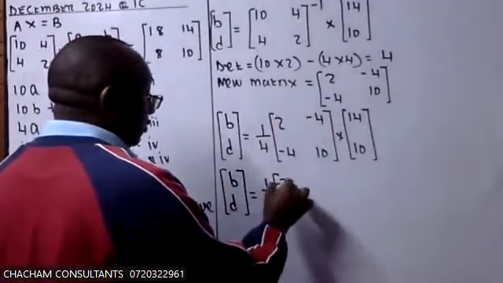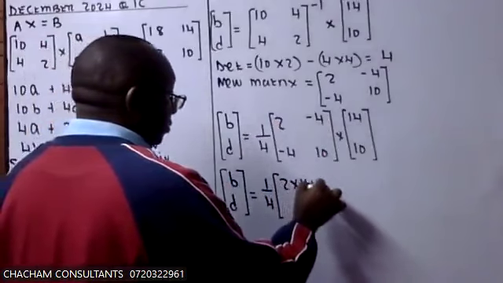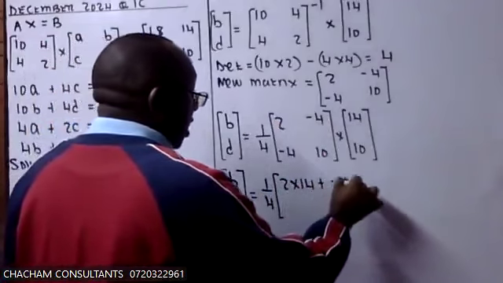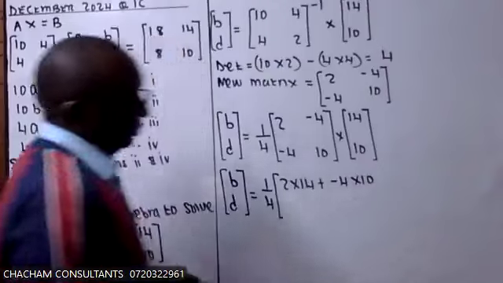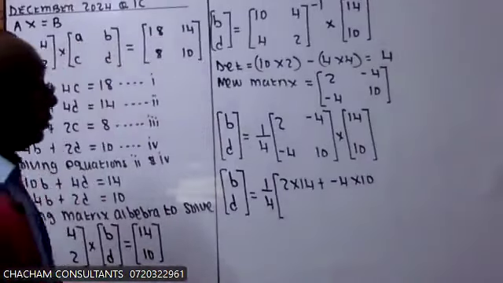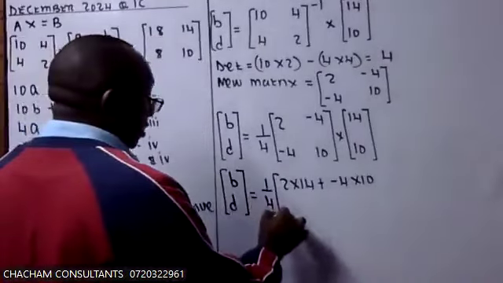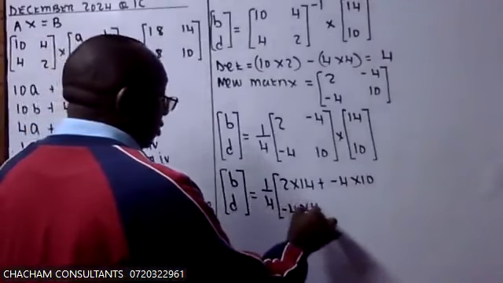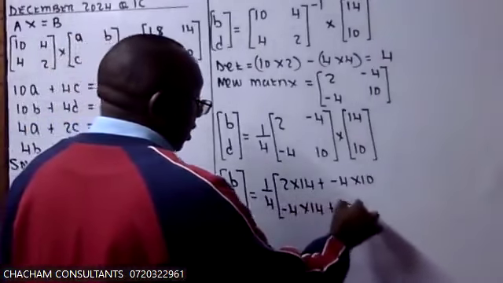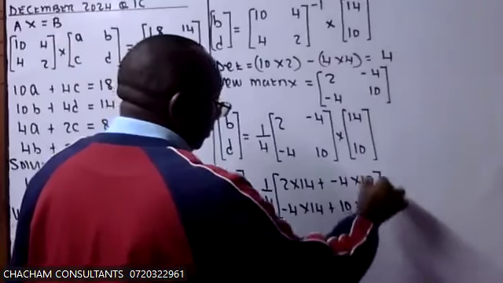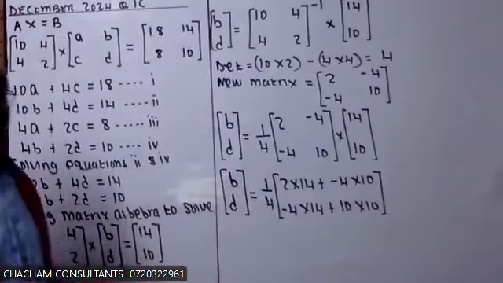So we are going to have 2 times 14 plus minus 4 times 10. Then this is minus 4 times 14 plus 10 times 10. That way.